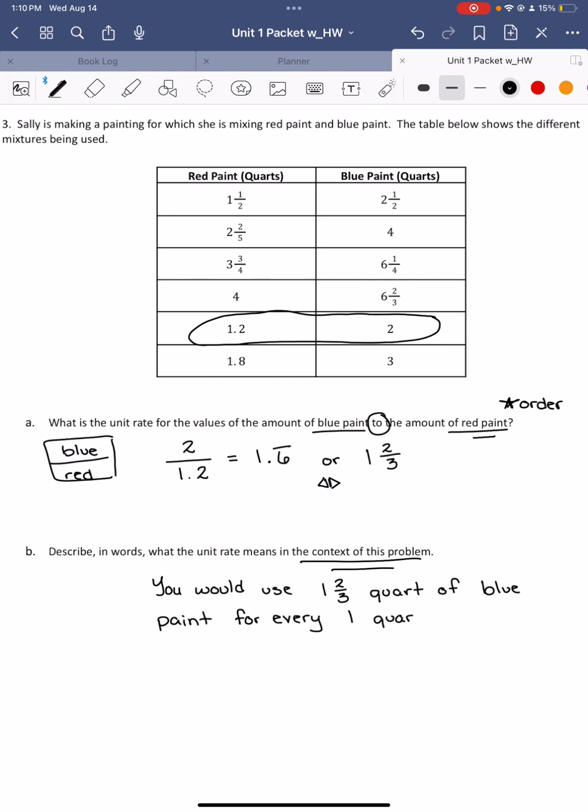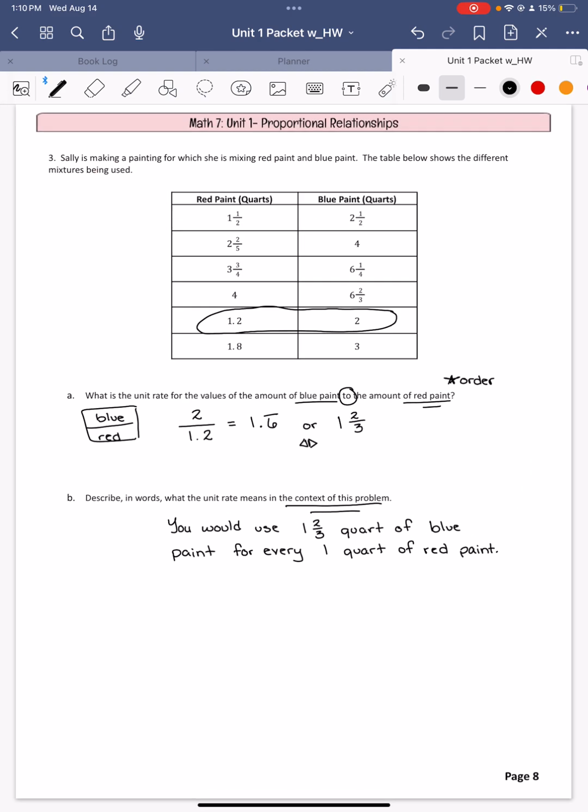So remember, red was on the bottom, so that means that's what we were finding it per 1. So 1 quart of red paint. All right, good luck on your homework.